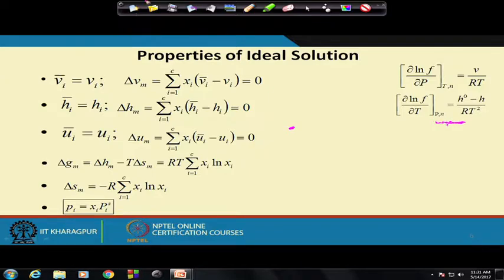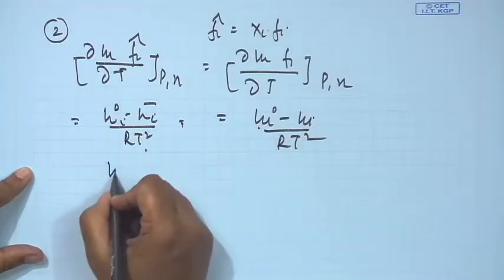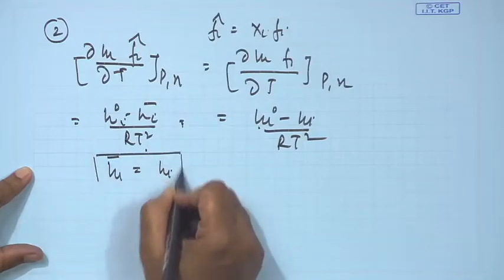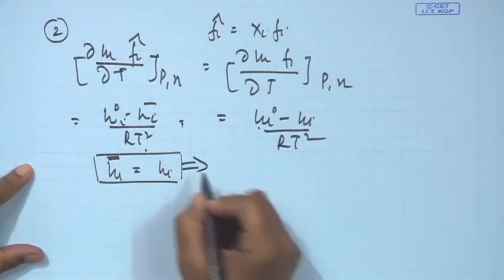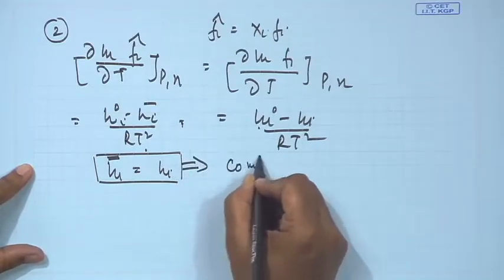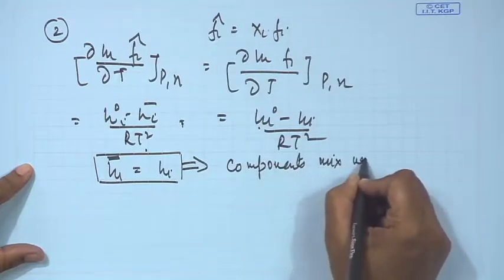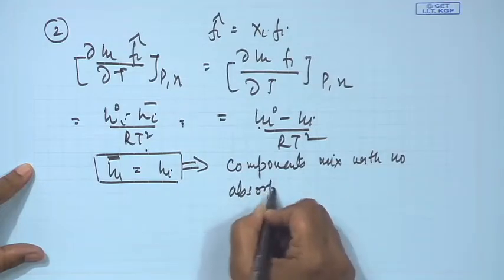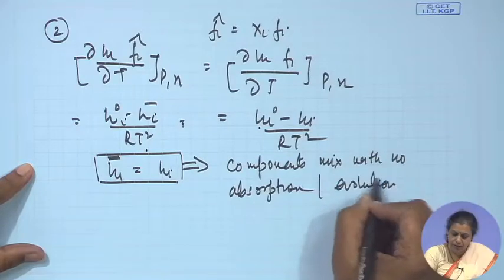So from this particular equation, what do we get? We find that the partial molar enthalpy of component i is equal to the molar enthalpy of component i. In other words, the components mix with no absorption or evolution of heat, right.